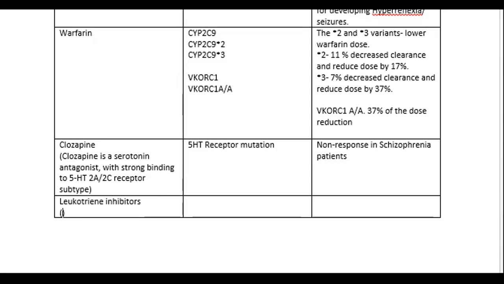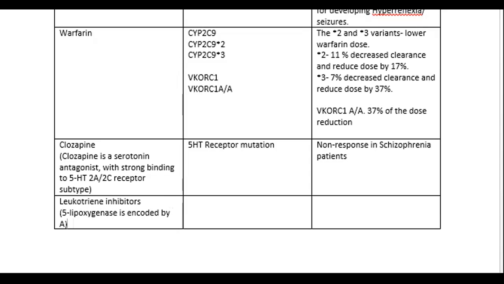In order to understand this, let us discuss one thing, 5 lipoxygenase. This is being encoded by ALOX5.